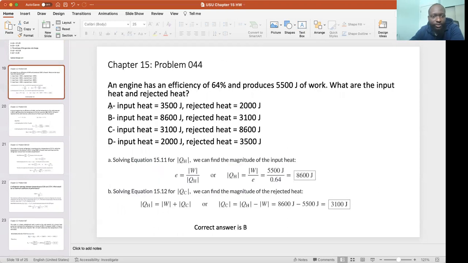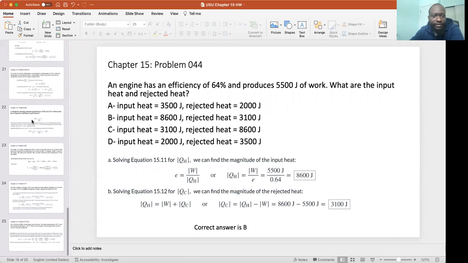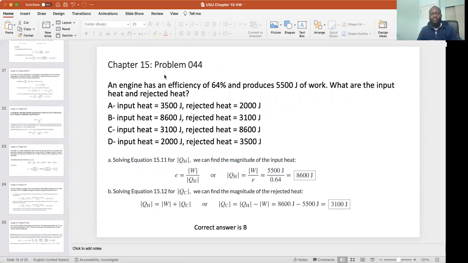Next, chapter 15, problem 44 says an engine has an efficiency of 64% and produces 5,500 joules of work. What are the input heat and rejected heat? So we're going to get that efficiency is work over Q hot, or Q hot is work over efficiency. So this is going to be the magnitude of the input heat from the hot reservoir.